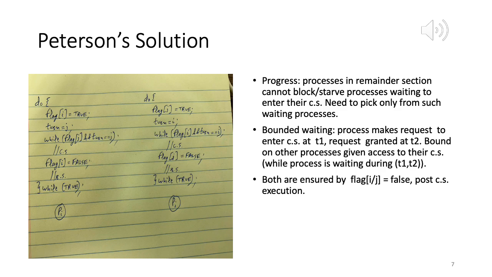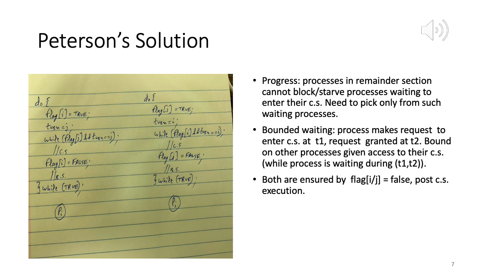Only at the while loop: if flag j is true and turn equal to j. So it keeps on waiting there. Now Pi is waiting on Pj, and once Pj gets out of its critical section, Pi should get entry into its critical section immediately.